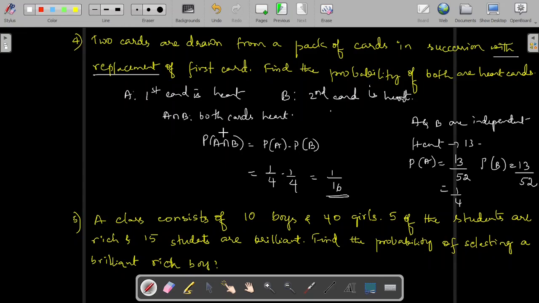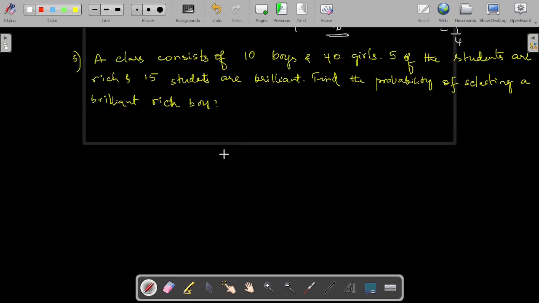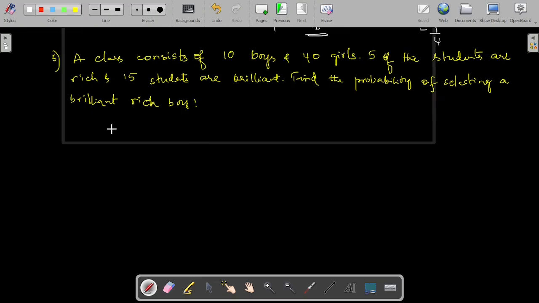One more problem. A class consists of 10 boys and 40 girls. 5 of the students are rich and 15 students are brilliant. Find the probability of selecting a brilliant rich boy. Here I will define 3 events.